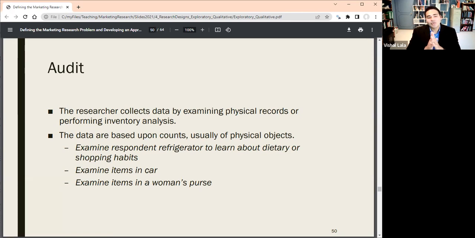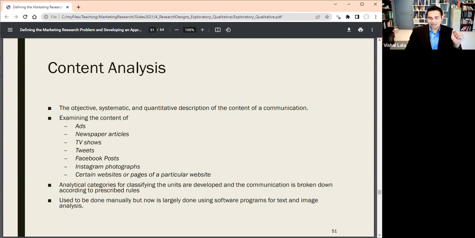These are indeed really difficult methods to implement, and so we don't see the audit method used much in practice. Personal observation is still utilized, albeit it is a bit pricey and expensive to have an individual tracking shoppers in a store, watching them.